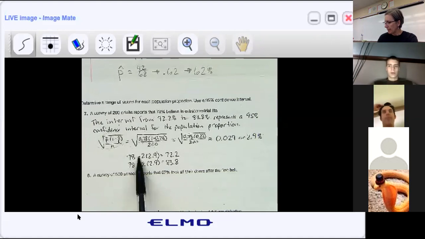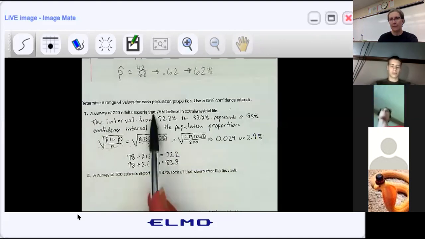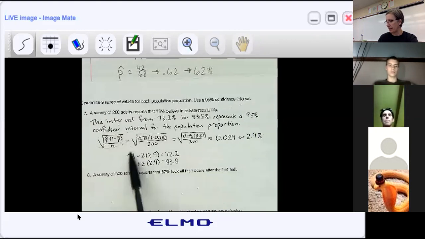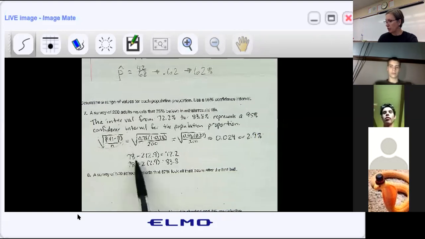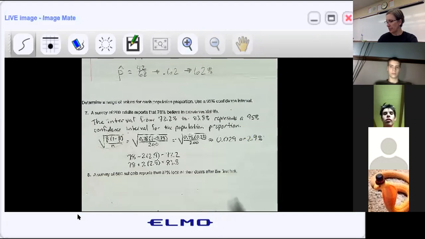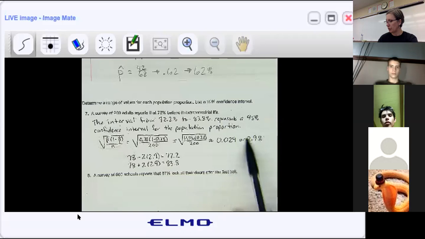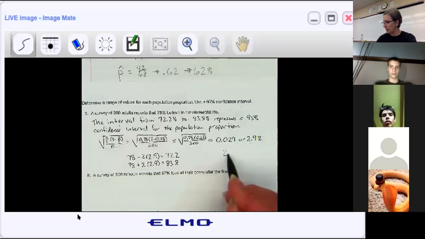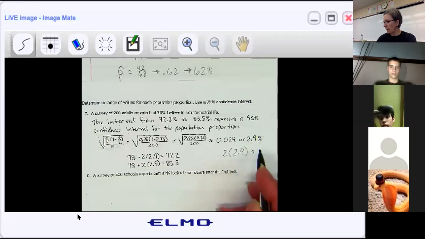Following what I'm doing here. Okay. So that 78%, which was the p-hat, I've got it as a percent value. 78 is back as a percent, not as the decimal anymore, right? So the 78, I'm then going to add and subtract 2 of those standard deviations. So I take this 2.9 and I multiply it by 2 and I see what that comes out to be. So in this case, that's 5.8.